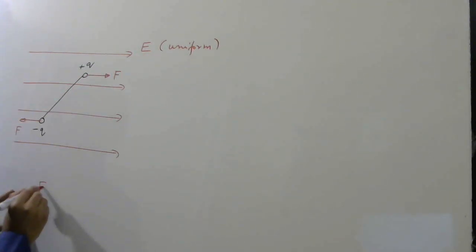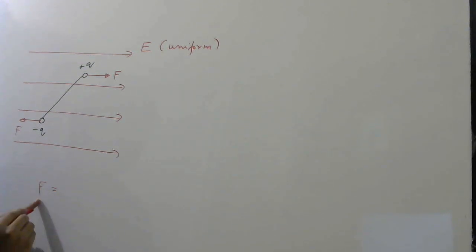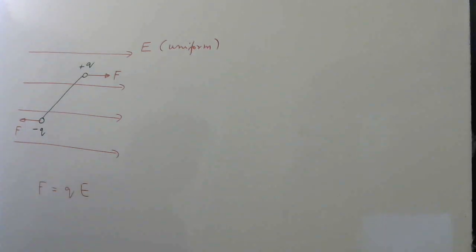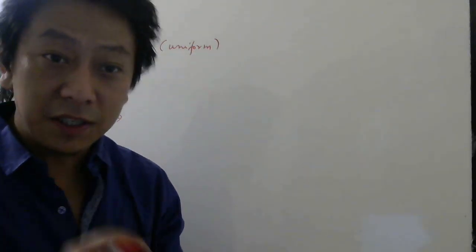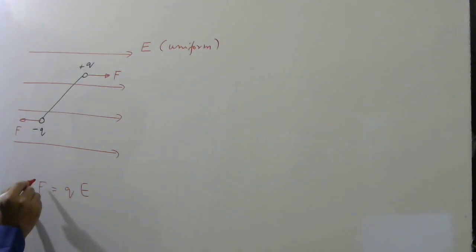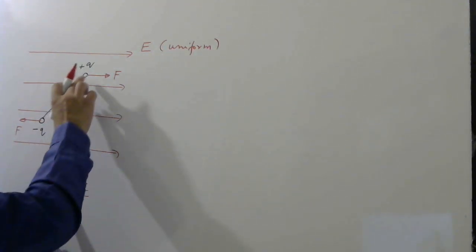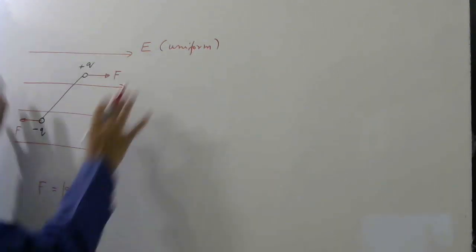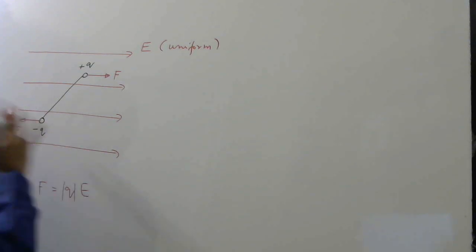Because the magnitude will be the same. The magnitude of force is the charge experiencing the force times the electric field in that region where the charge is kept. This is the formula for force. Since I am writing only magnitude, both charges are the same in magnitude and the electric field is uniform, so the force will be the same.